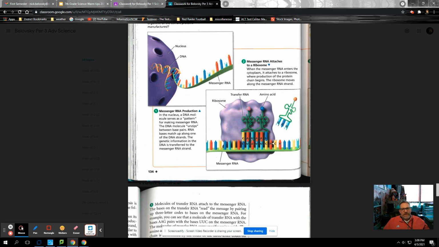So this amino acid is brought in according to this code. This code means bring in a blue amino acid. This code right here is the code to bring in an orange amino acid. So messenger RNA basically goes in and gets the code from the DNA.